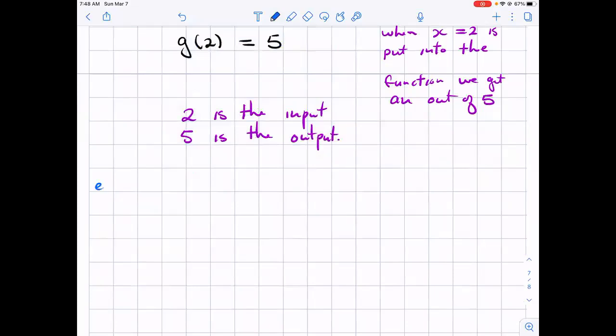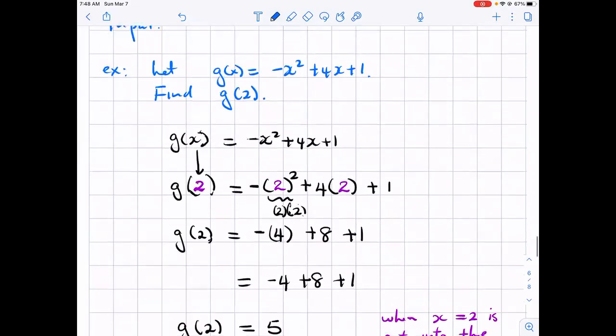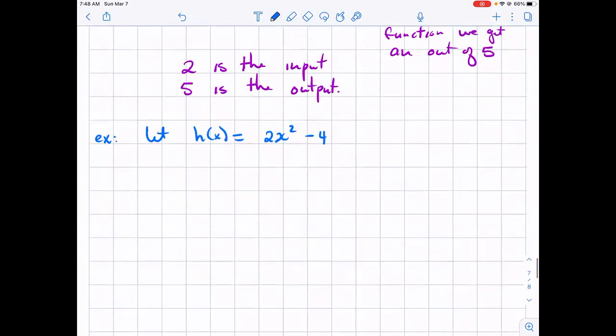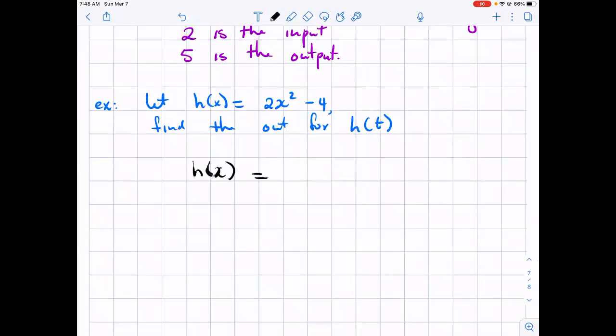If we look at another example, let h of x equal 2x squared minus 4. And similarly up here we said find g of 2. So here we can find the output for h of t. Notice here we have h of x is equal to 2x squared minus 4.